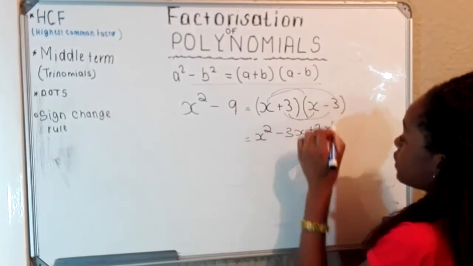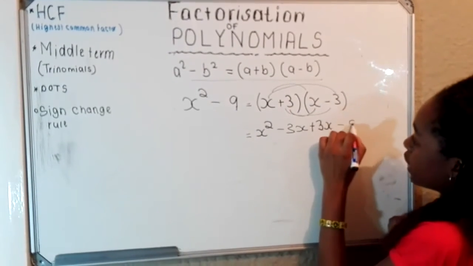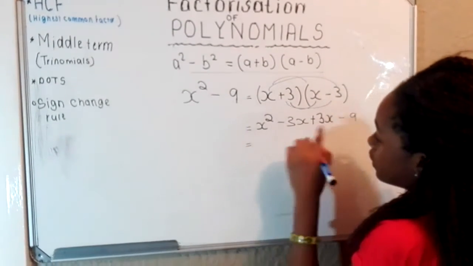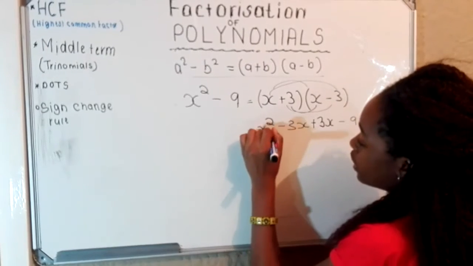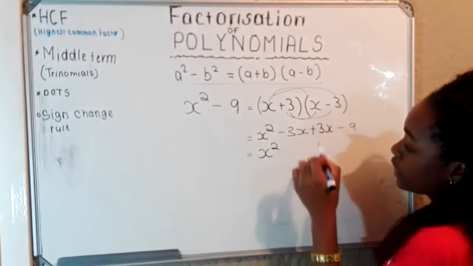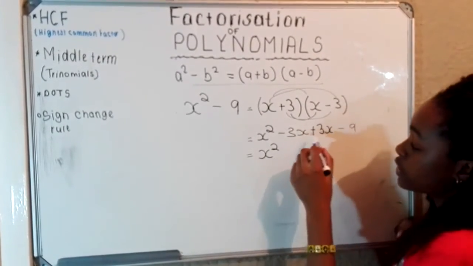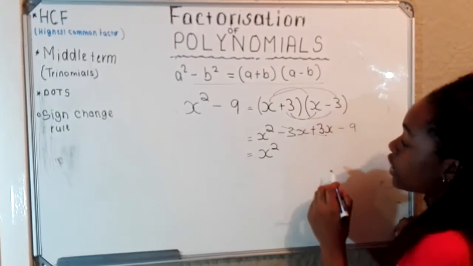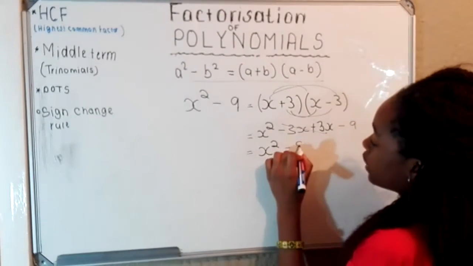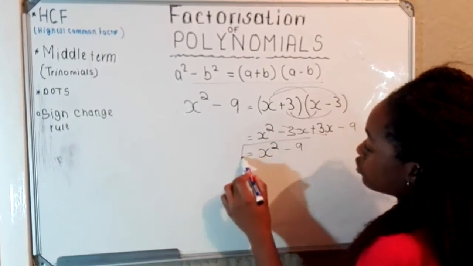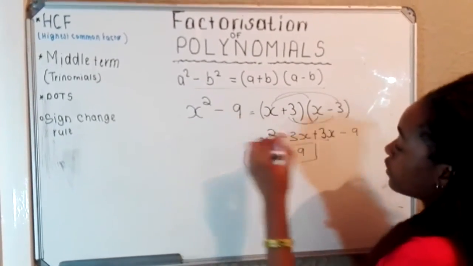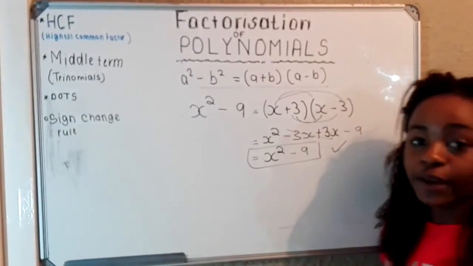And 3 times negative 3 will give you an answer of minus 9. And we can add the like terms, so you'll have x squared. And then minus 3x plus 3x will cancel out, and you'll be left with negative 9, and this is true because we checked it, and this is our factored answer, okay?